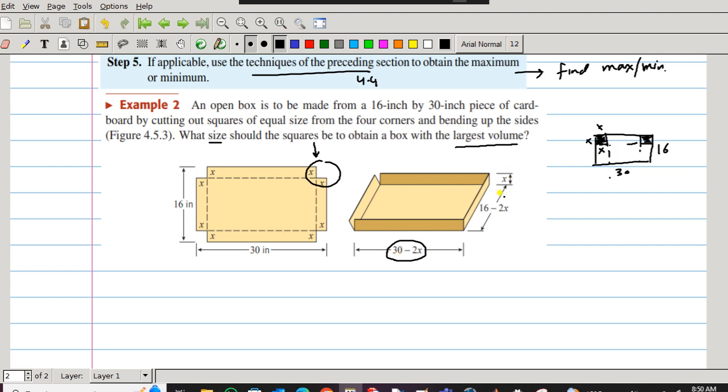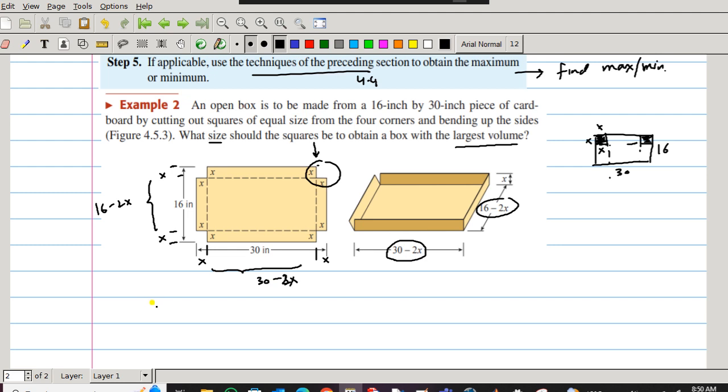Similarly, the width will be 16 minus 2x. Because the total was 16, from here to here, but when I cut x from here and x from here, the remaining portion will be 16 minus 2x.